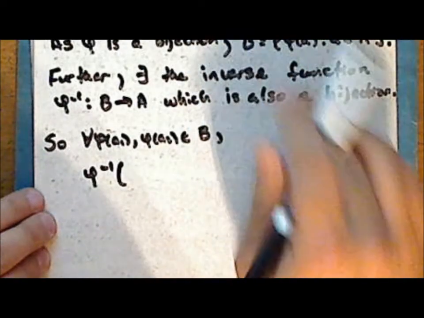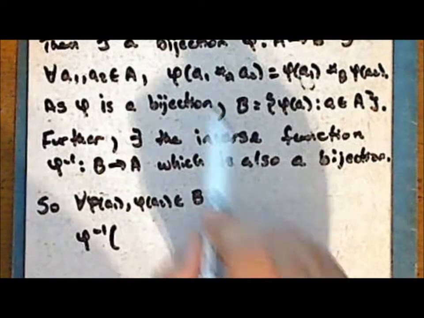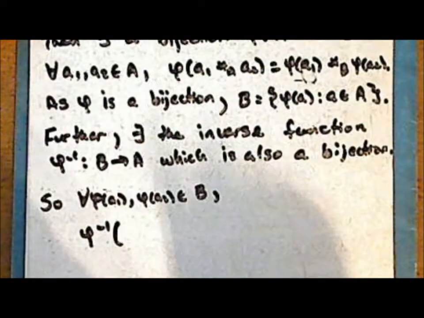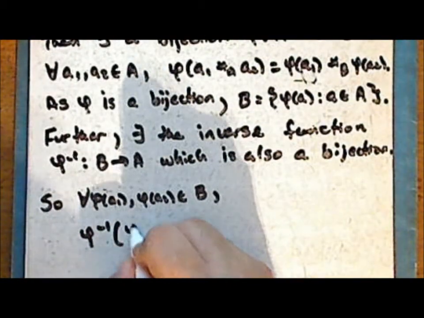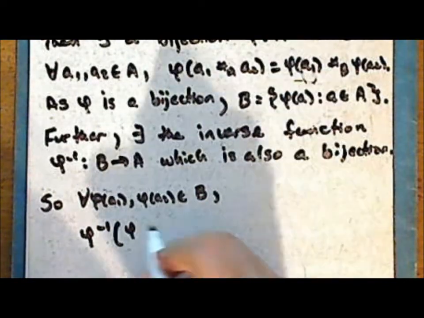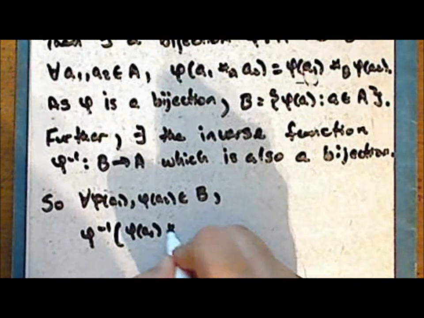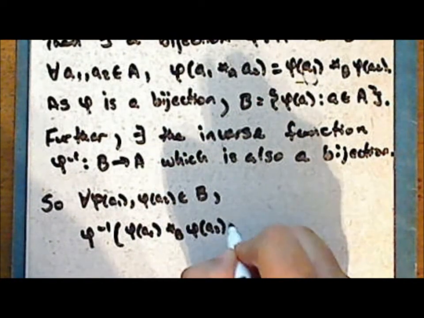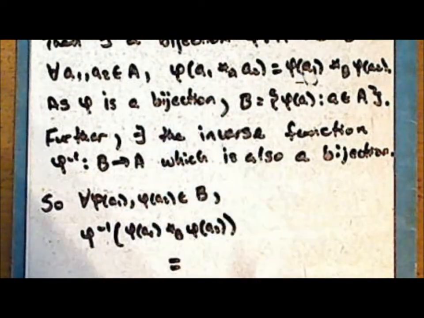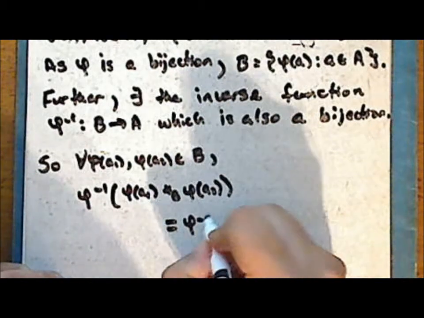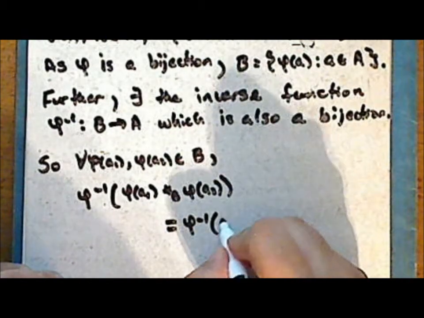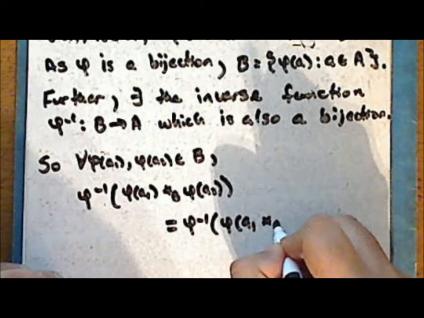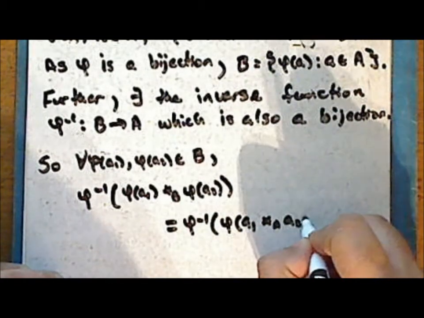and I'm going to use this equation, but I'm going to use the right-hand side first. So phi inverse of the product, phi of a sub 1 star sub b of phi of a sub 2, is equal to phi inverse of phi of a sub 1 star sub a sub 2.